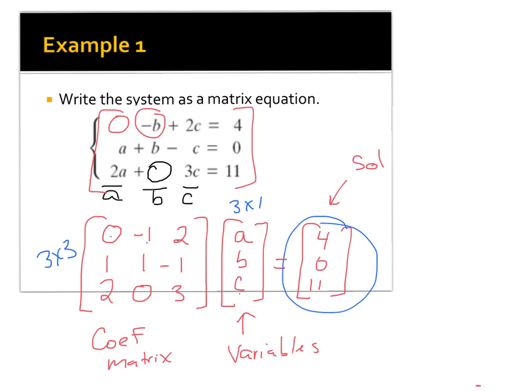It's a 3 by 1. Okay? So it's going to equal this. If I take 0 times A, that's this piece right here. -1 times B, that's this one right here. 2 times C, that's this one right here. And that corresponds to this 4, which is equal to 4. So the outer dimensions are going to equal this right here. So that's how I would set up a matrix equation.